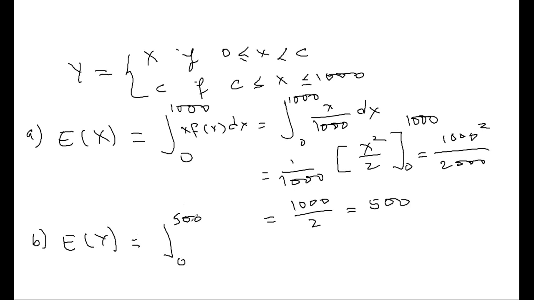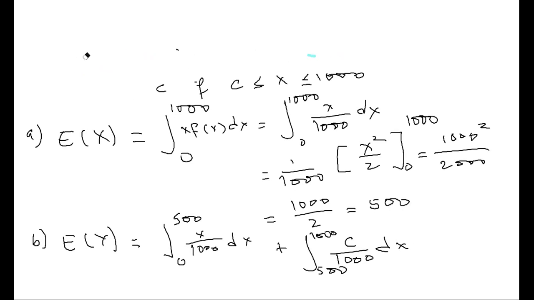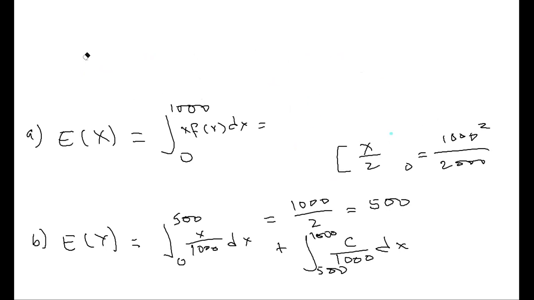So the integral from 0 to 500 of x over 1000 dx, plus the integral from 500 to 1000 of c over 1000 dx. So we know here that our c, the cap, was 500 from the problem.